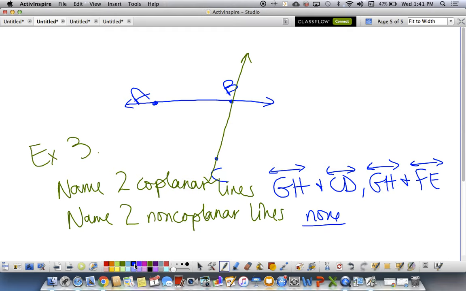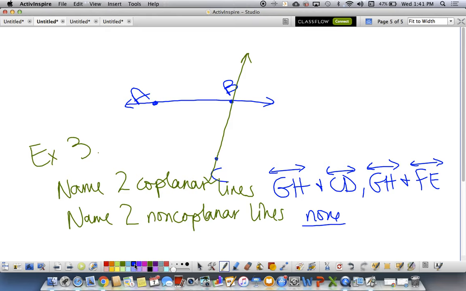How many points do you have to make a plane? 3 non-collinear. They can't be on the same line. And to make a line, 2. 2 points make a line. 3 non-collinear make a plane. 4 non-coplanar make space. It's in postulate 9.